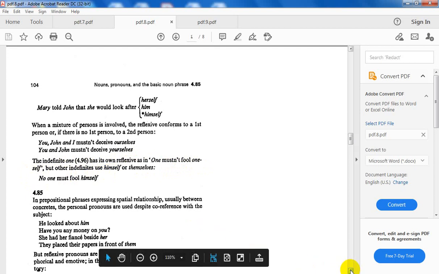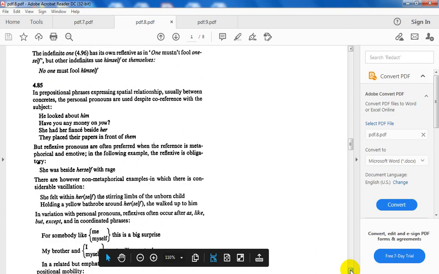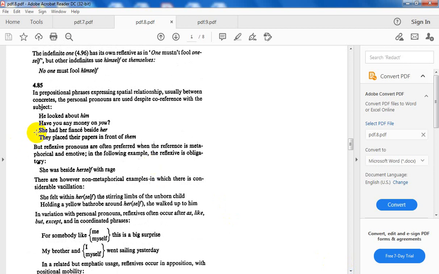Again, there is what is called metaphorical use for the reflexive pronoun. اللي هي يعني in other usage for the reflexive. In prepositional phrases expressing spatial يعني I have space, distance, usually between concretes يعني something touchable.